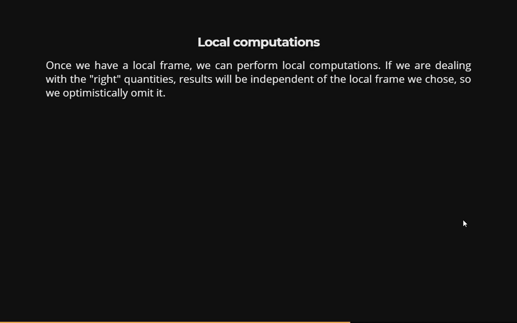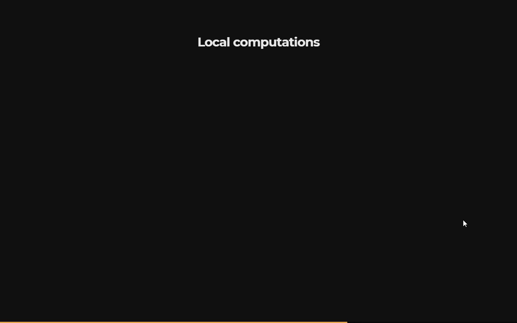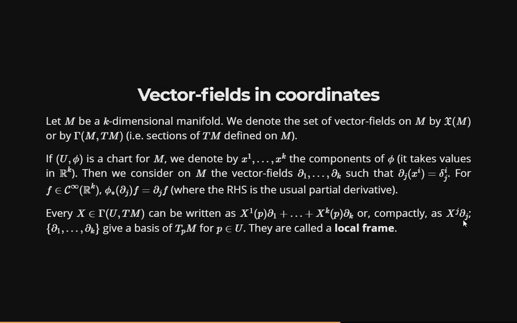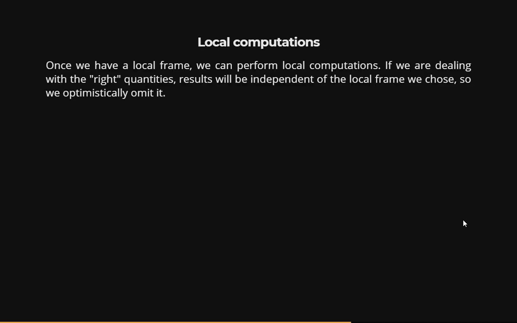Now, once you have a local frame, you can perform local computations, meaning that you end up with functions like those xj. These x1, ..., xk are functions from your U to R that give you the coordinates with respect to this basis. So you can perform local computations because you just have coordinates x1, ..., xk like in Rn, and you have functions of those coordinates, and you can take partial derivatives and whatever.